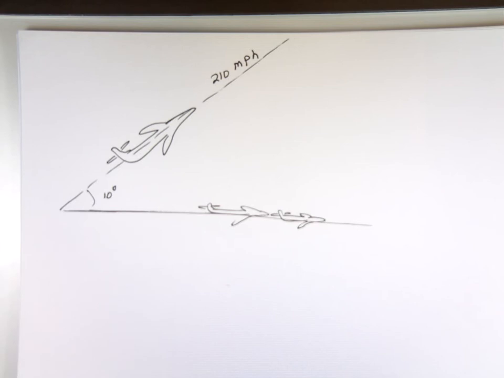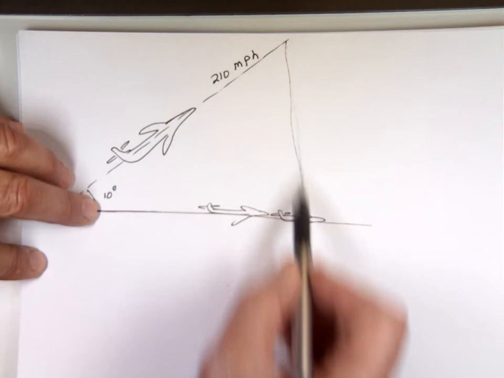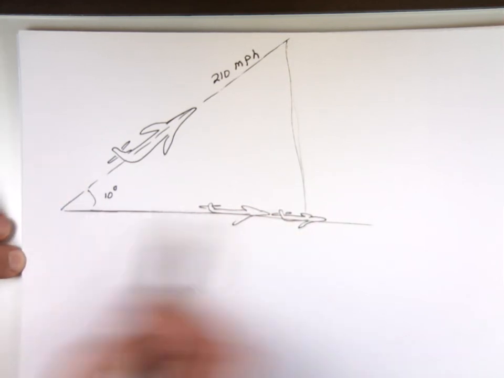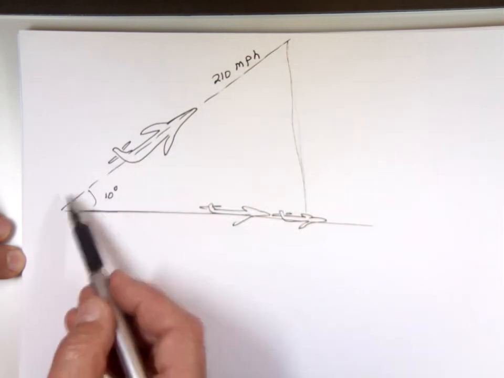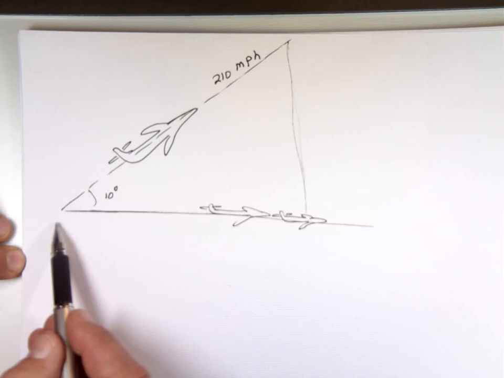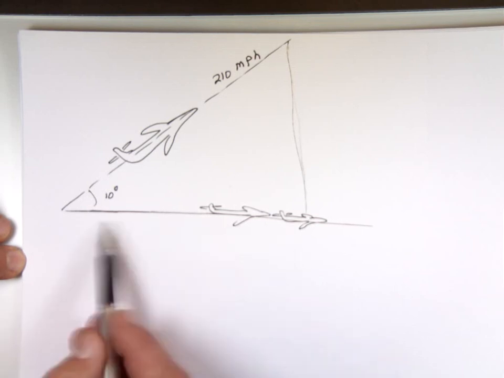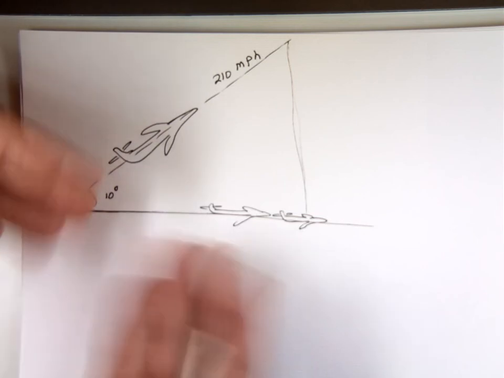So if you make your triangle here, can we get this side? We know this side, the hypotenuse. We know the angle. We're looking for what? What's this side, the opposite or the adjacent? Adjacent.